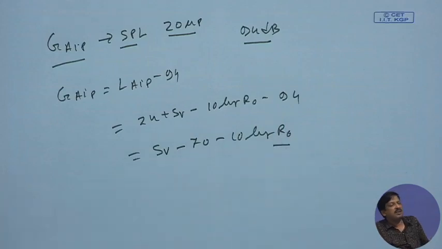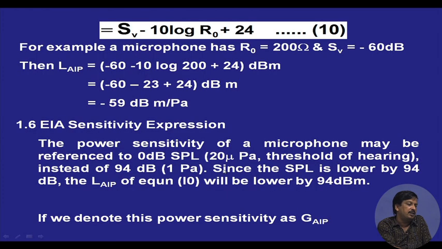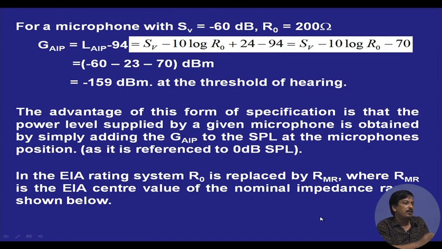So, why do I express it in GAIP? Because the SPL reference is lower by 94 dB, the LAIP equation will become lower by 94 dB, and we denote it as power sensitivity GAIP. When we measure a microphone, if we know the microphone GAIP at some SPL, the GAIP at another SPL is obtained by just subtracting the difference of the sound pressure level.